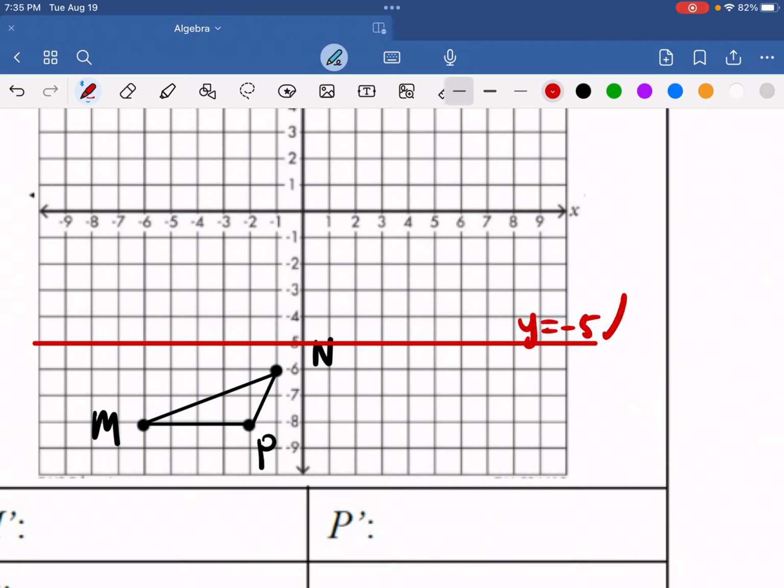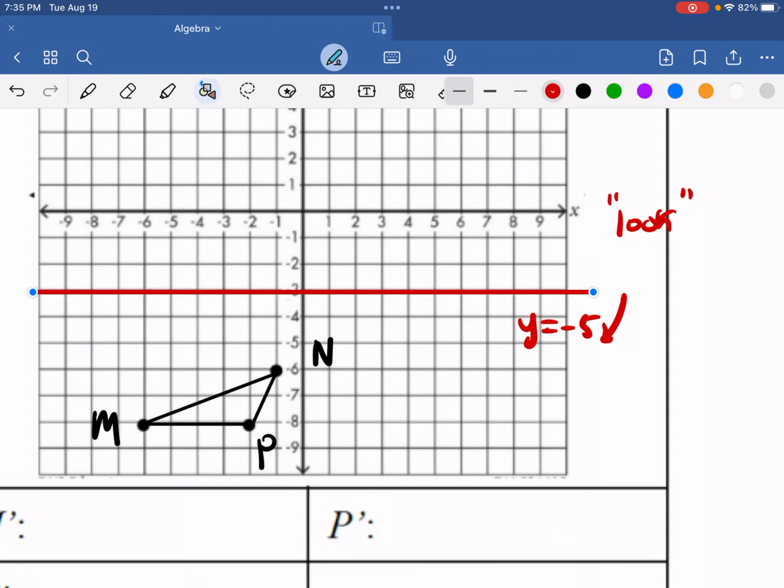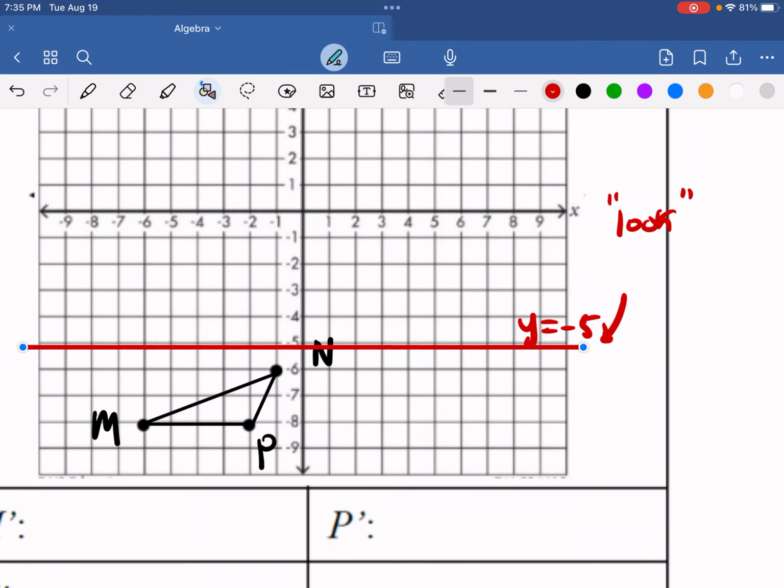Does this line of reflection look like an x-axis or does it look like a y-axis? It looks like an x-axis, right? Because if I move this one higher, it's on the x-axis, but it got brought down to the number -5. So because it looks like an x-axis, it's going to behave like an x-axis.